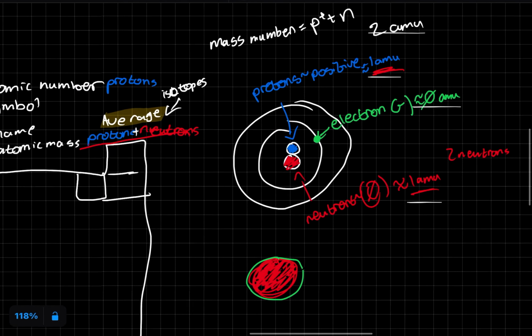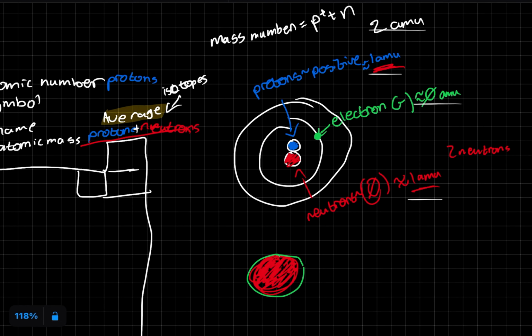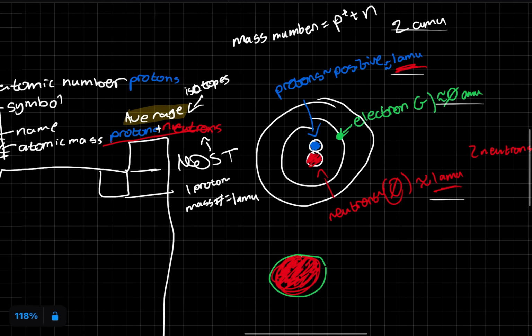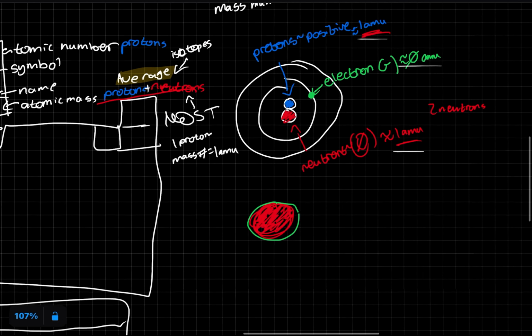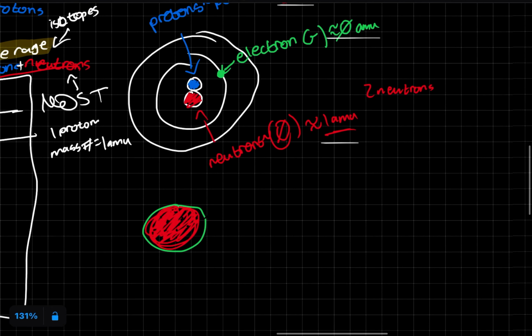There's no neutrons involved. So that's why this is an average, because most isotopes of hydrogen have just 1 proton, meaning their mass number is just 1 AMU, which leads to this being closer to 1 than it is to 2. Okay? So that makes sense?